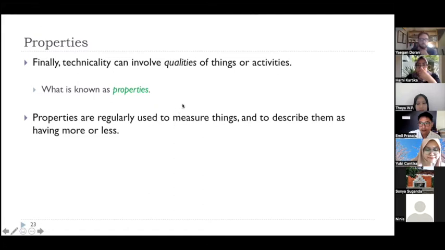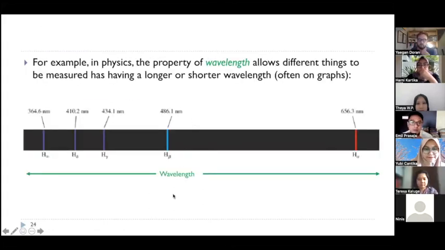More energy, less energy, bigger, smaller, something along those lines. So for example, in physics, the property of wavelength, so wavelength being the length of a wave, whether that be a wave in the ocean or a wave of light or a wave of sound. Property of wavelength allows different things to be measured as being longer or shorter, often on graphs.